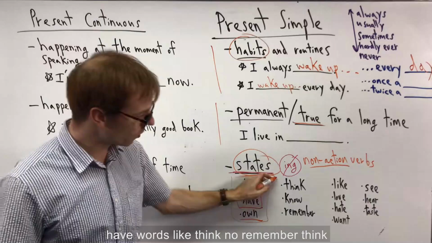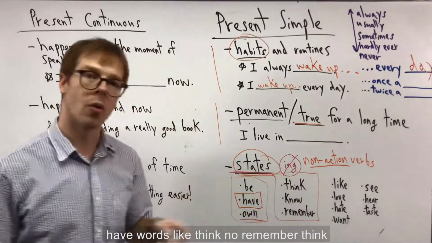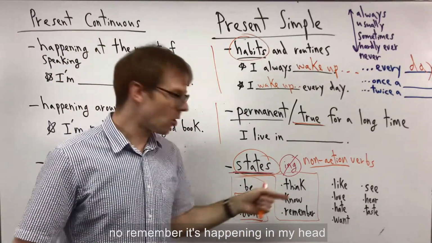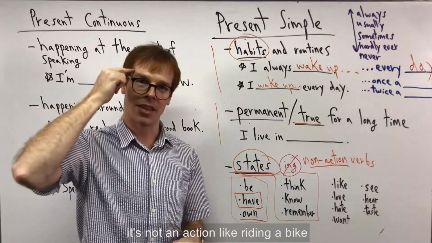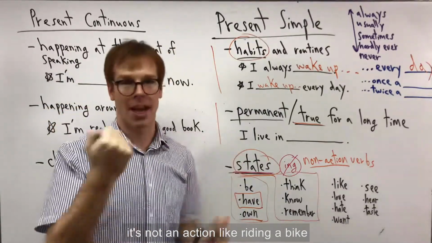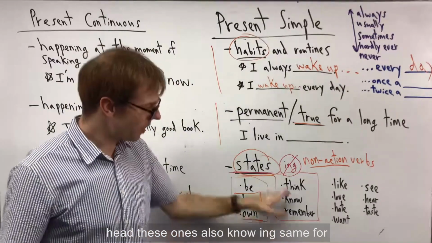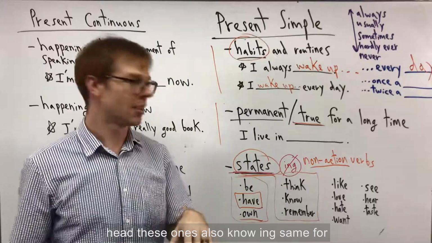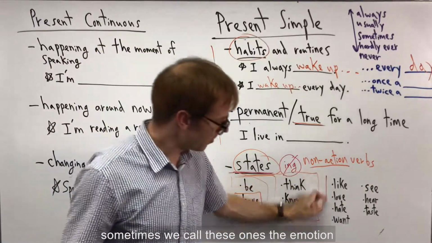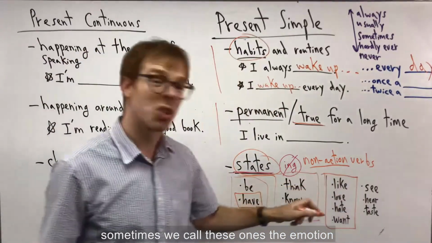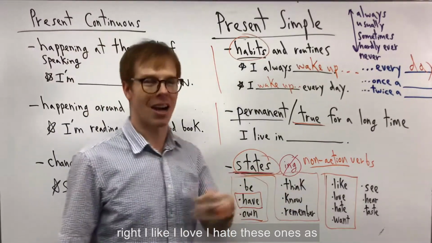We also have words like think, know, remember. It's happening in my head. It's not an action like riding a bike or doing yoga. It's a thought in my head. These ones also, no ing. Sometimes we call these ones the emotions: I like, I love, I hate.